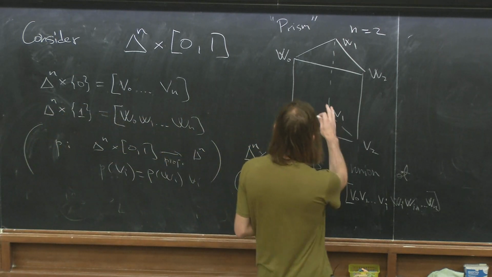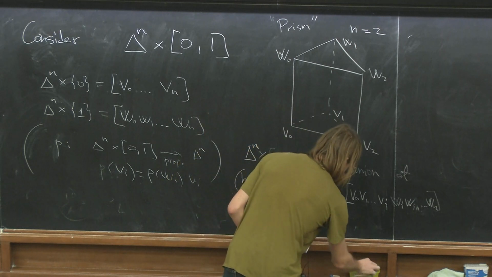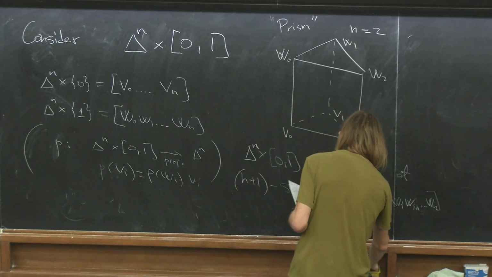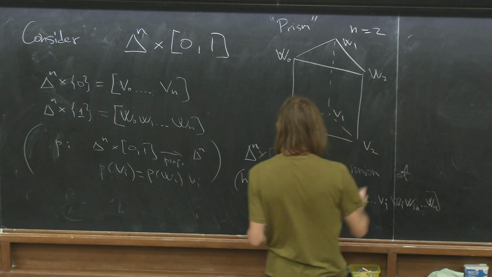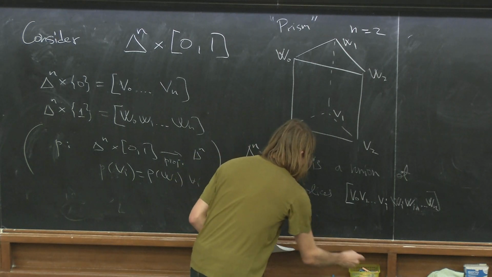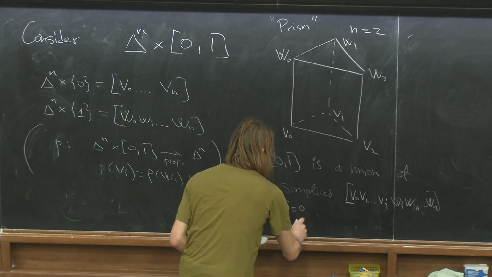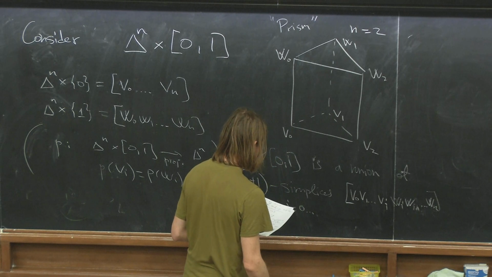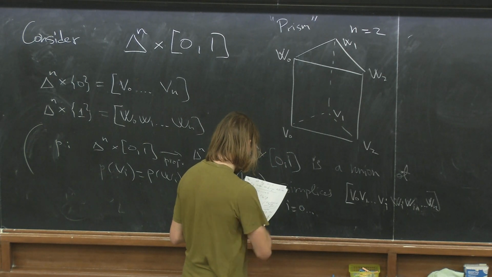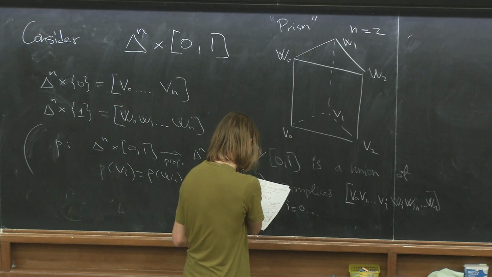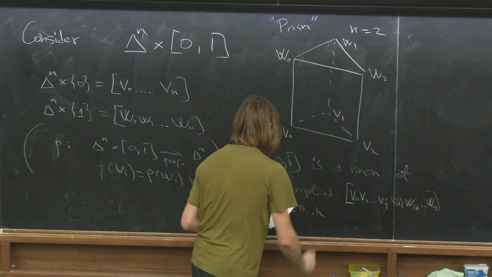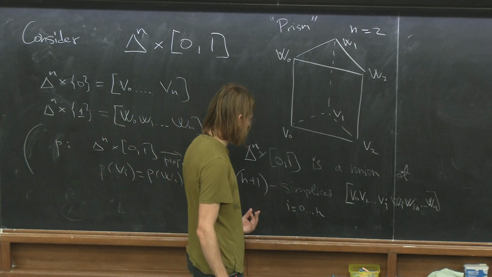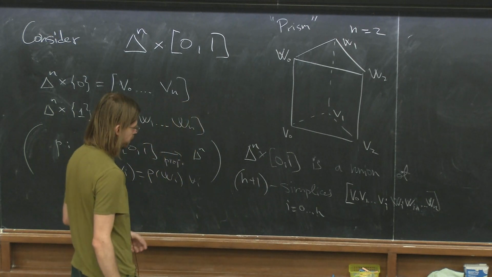So how does this look in this example? Here i can be taken from 0 to n. There will be n plus 1 simplices in total of this form.